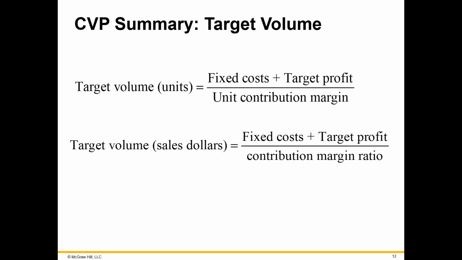And if you're doing the analysis with a target profit in mind, then you just add the target profit amount to the numerators of both of these formulas to calculate the number of units needed to break even plus achieve the target profit.